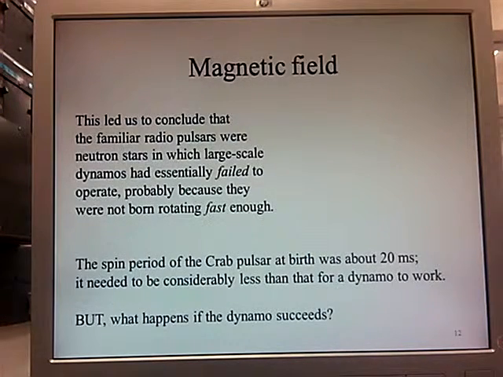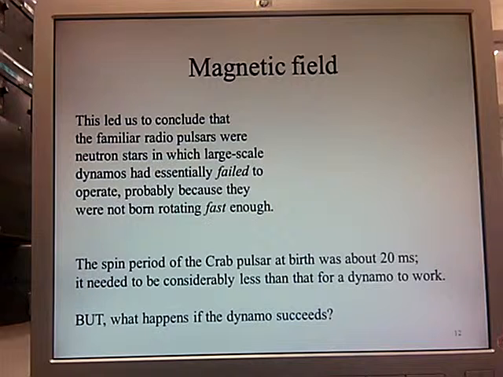Now, as we said, this leads us to suggest that most pulsars have not successfully done any of this dynamo action. But on the other hand, we can think about something that actually does have some dynamo action. In particular, we're going to be talking a lot about the Crab Pulsar today, so it's worth noting it's your normal pulsar story.